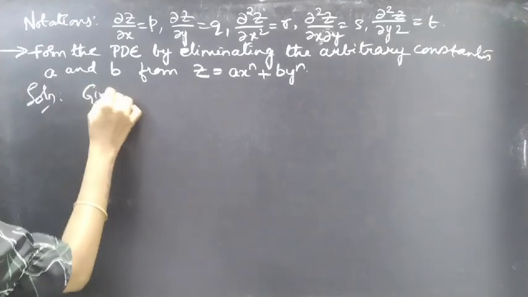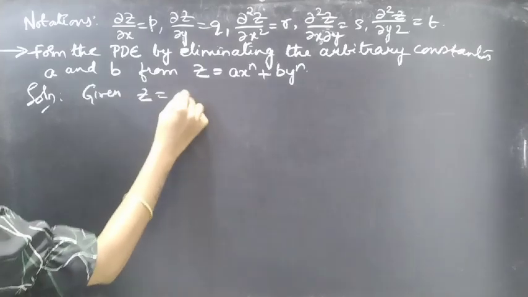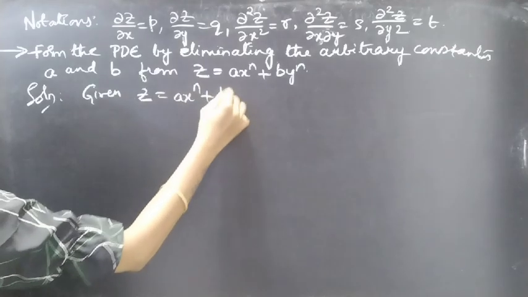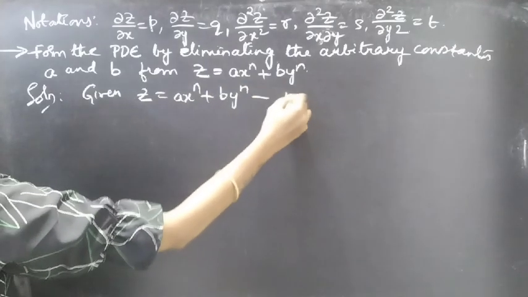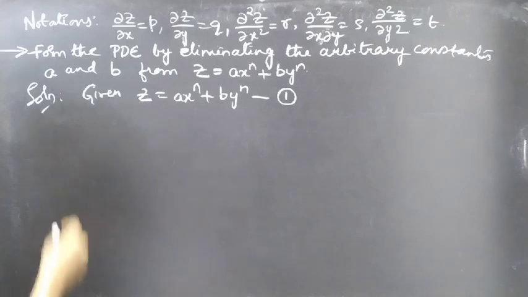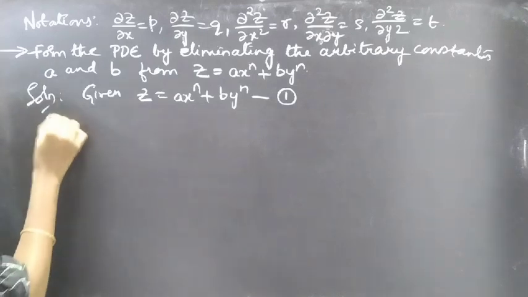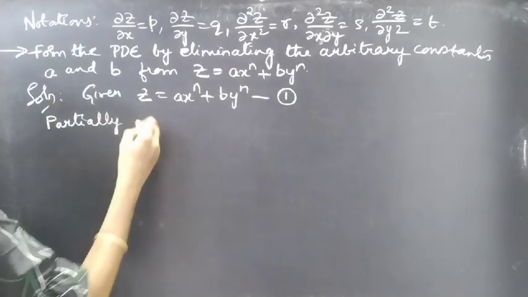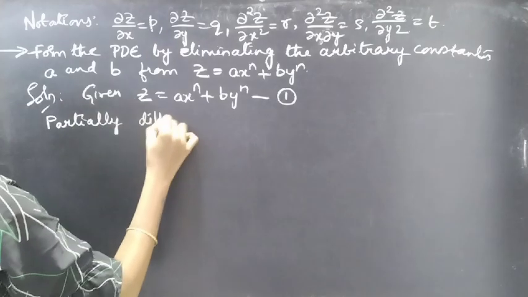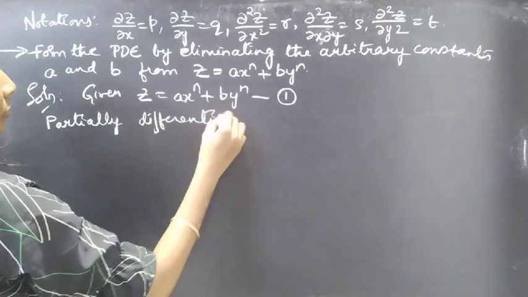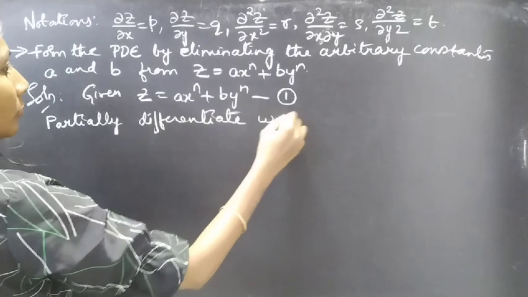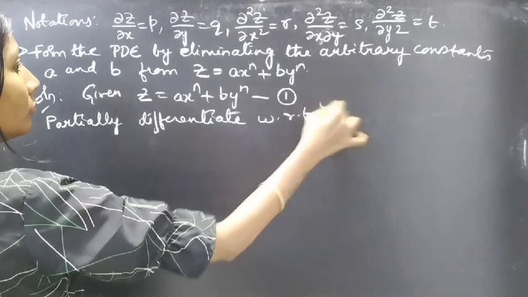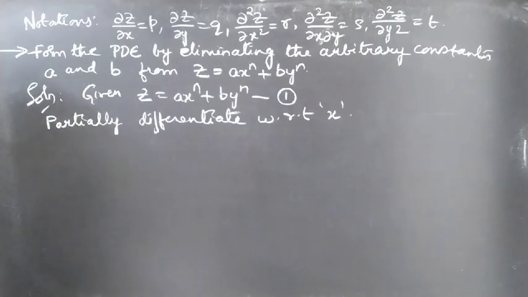Given relation: z equal to ax power n plus by power n. So here we are going to partially differentiate 1 with respect to x. I'll show you the problem in two ways.